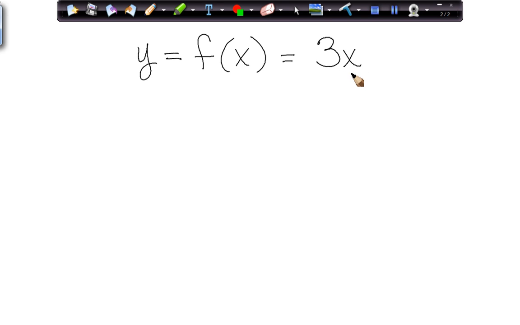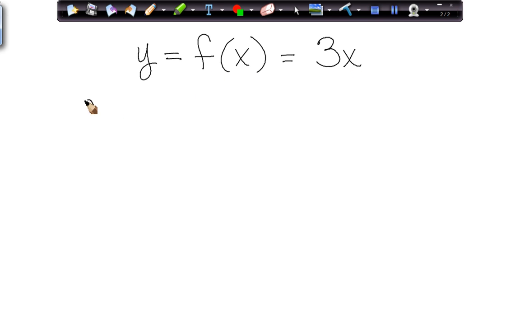If it's a toothpaste factory, or if it's a notebook factory, or whatever it is the factory does to the x's, okay? So this tells us, this 3x is called the function rule, it tells us what this factory does.